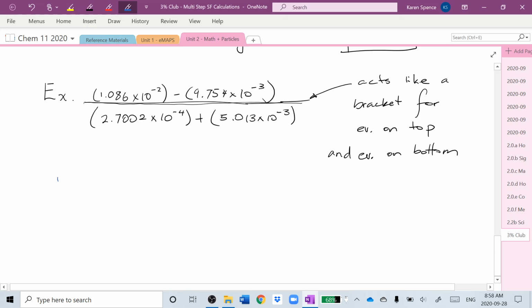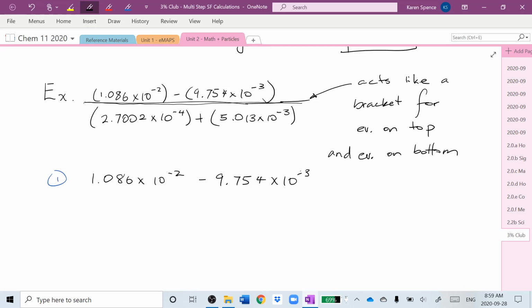So number 1, we are going to do 1.086 times 10 to the negative 2, and we are going to subtract 9.754 times 10 to the negative 3. We are adding and subtracting, and we have exponents. What do you have to do before you add and subtract things with exponents?